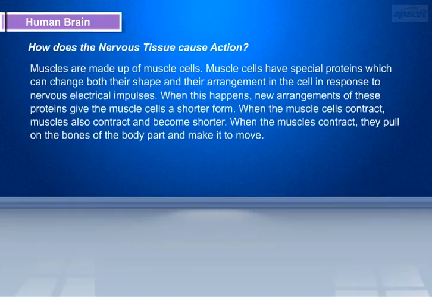Muscle cells have special proteins, which can change both their shape and their arrangement in the cell, in response to nervous electrical impulses. When this happens, new arrangements of these proteins give the muscle cells a shorter form. When the muscle cells contract, muscles also contract and become shorter. When the muscles contract, they pull on the bones of the body part and make it move.